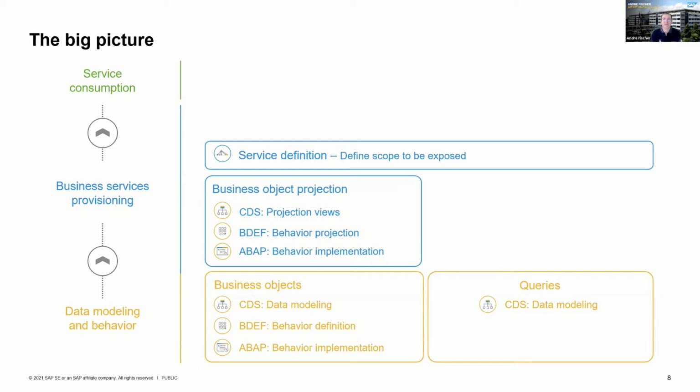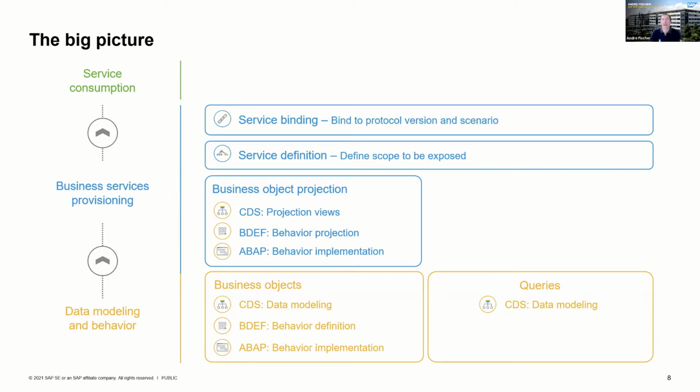On top of this, there is the service definition layer. Service definition means you define which parts of which entities are going to be published, so are accessible by the outside. So again, your business object might contain, let's say, 10 entities, and here you could define just to publish 5 of those in your service. And then a cool thing is that there is a service binding.